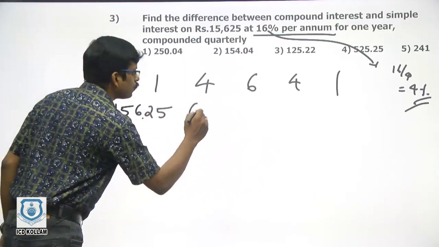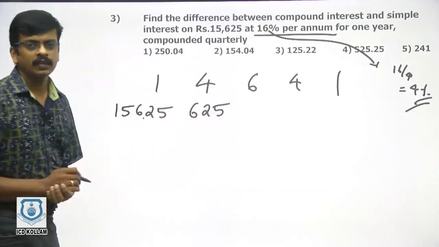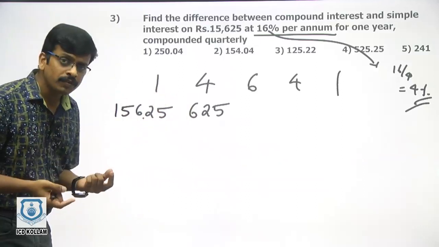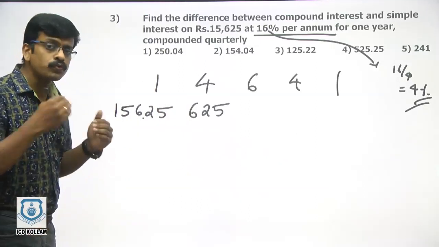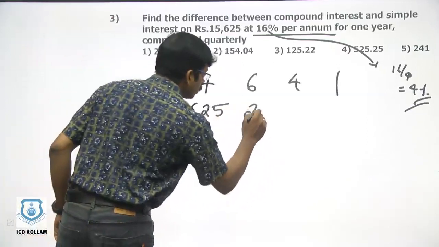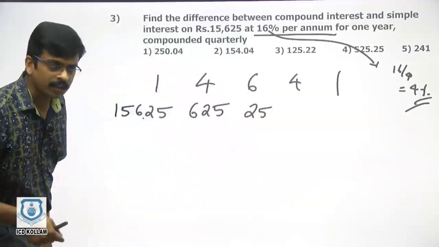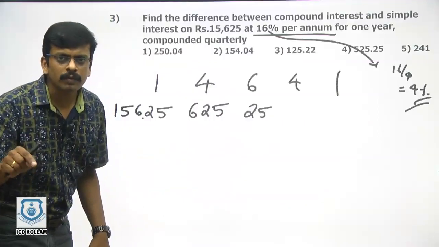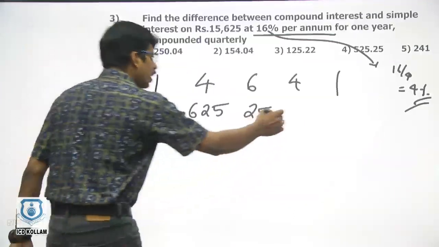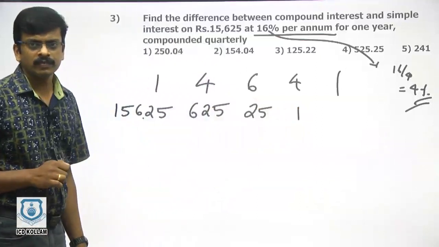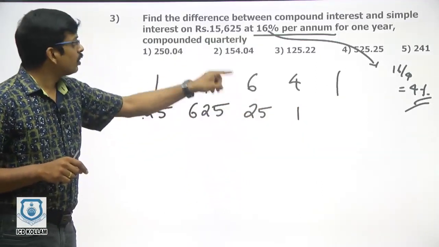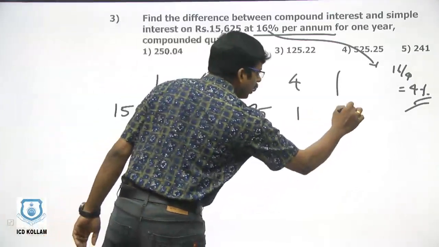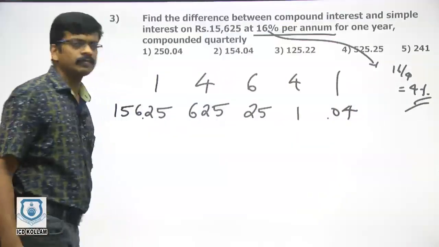A total of 625 comes here. Again, 1% is 6.25, its 4% is 6.25 into 4, 25 comes here. Again, 1% is 0.25, into 4 is 1. Now it's 4% into 4 by 100.